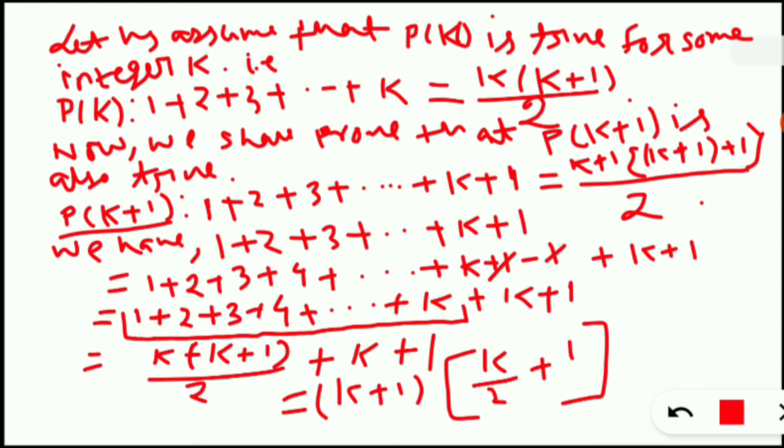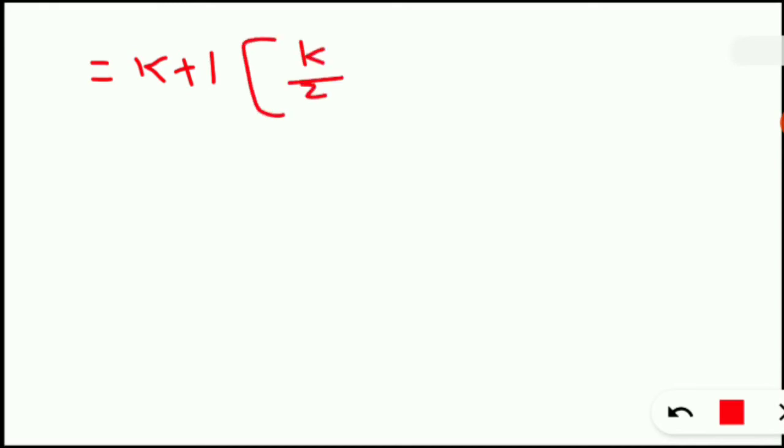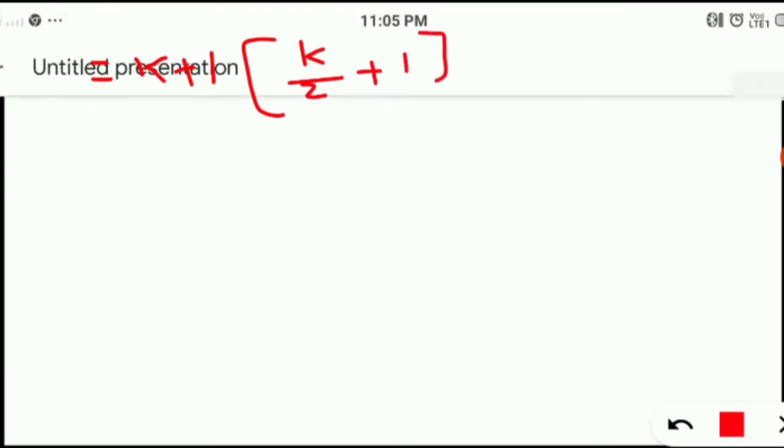Okay. Next, if we simplify this, then we get equal to k plus 1, and in third bracket k by 2 plus 1.